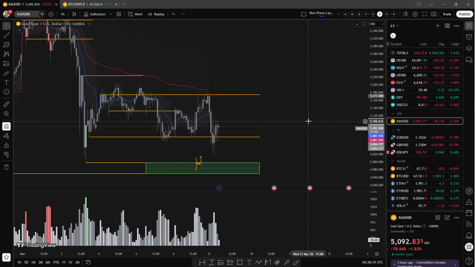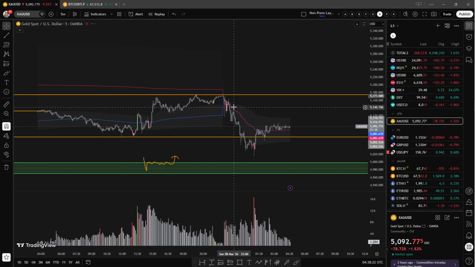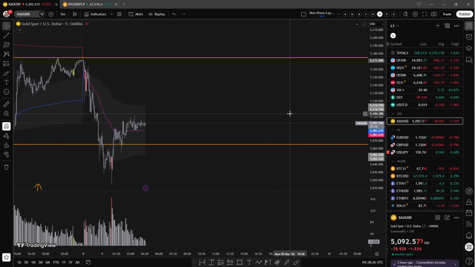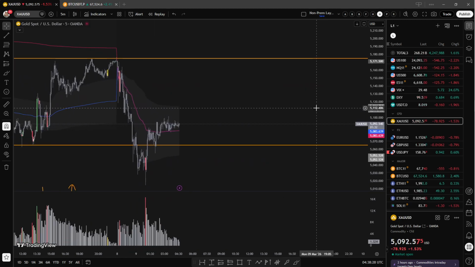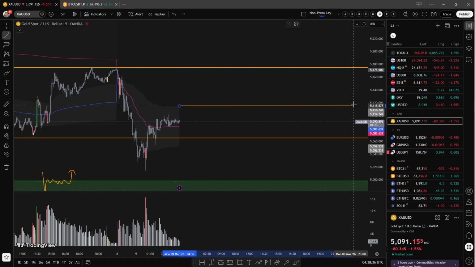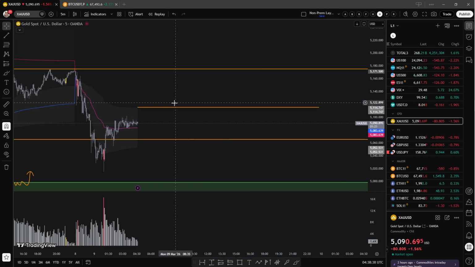I want to see, after we extend it, okay, I want to see some kind of reactions here on our weekly VWAP band, which also aligns with our previous daily VWAP.